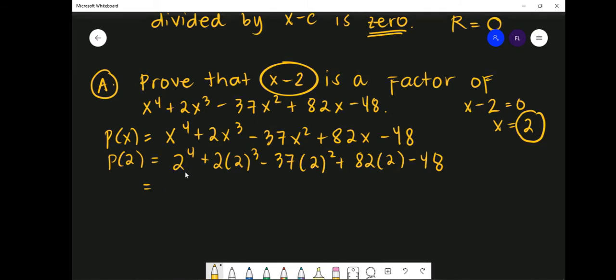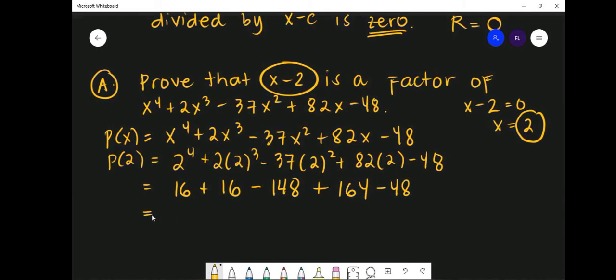Okay, so 2 raised to 4, that is 16, plus 2 times 2 cubed, that is 2 times 8, so that is also 16, minus 2 squared is 4. Okay, and then 4 times 37 is negative 148. Plus, so 82 multiplied by 2 is 164. And then you have negative 48 sa dulo.